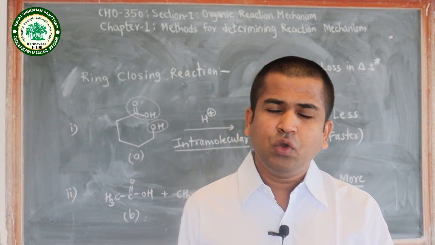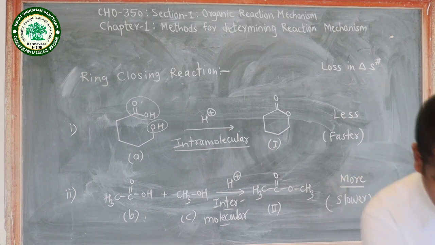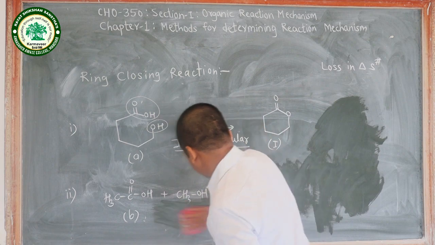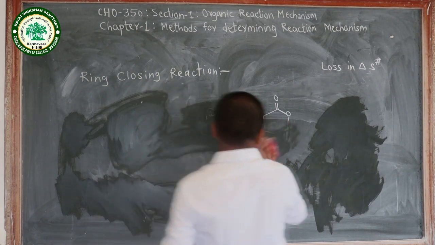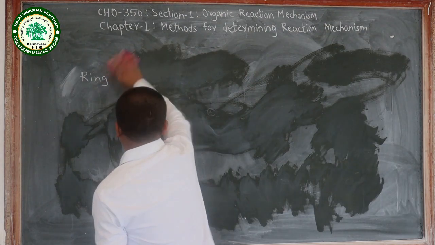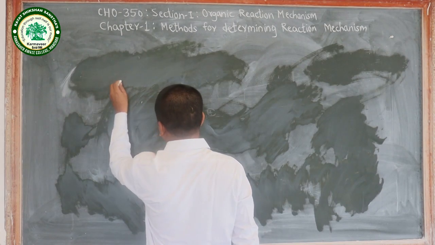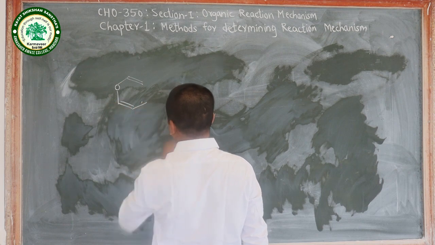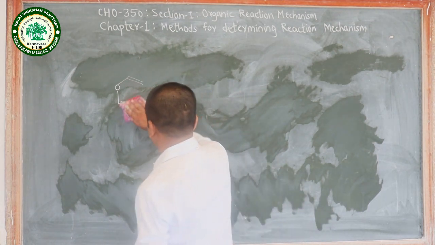We consider a unimolecular pericyclic reaction. Here we consider a Claisen rearrangement. A Claisen rearrangement, as we know, requires thermal conditions. Suppose we consider a substrate like this.